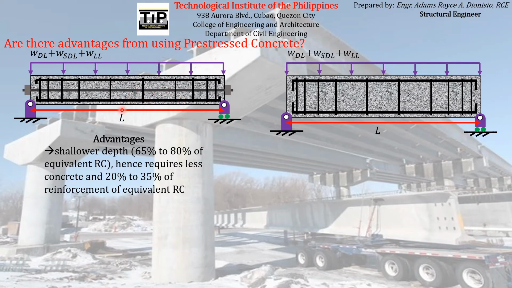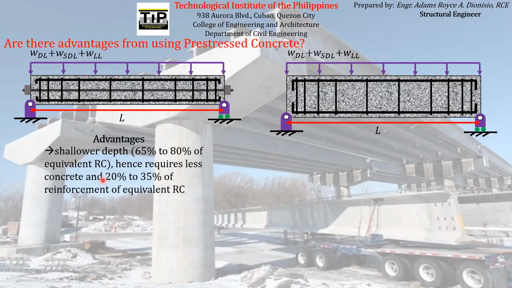So if there will be a lesser volume of concrete and lesser reinforcement, the tendency is it will require less cost in terms of materials. If we just talk about the advantage in terms of shallower depth.